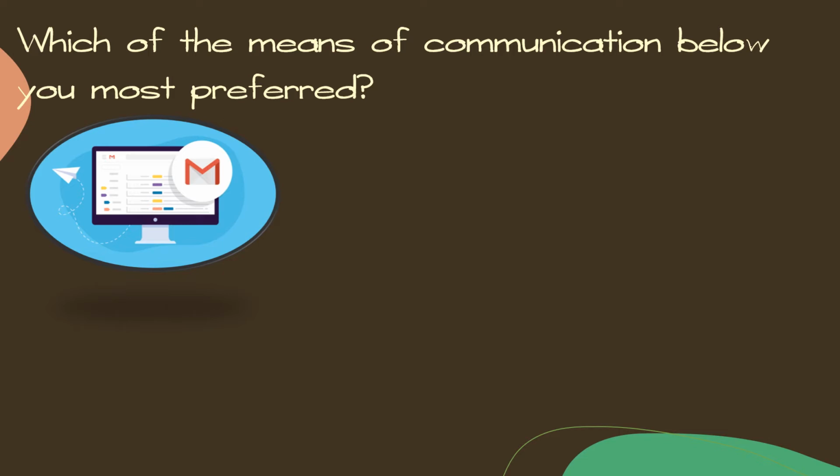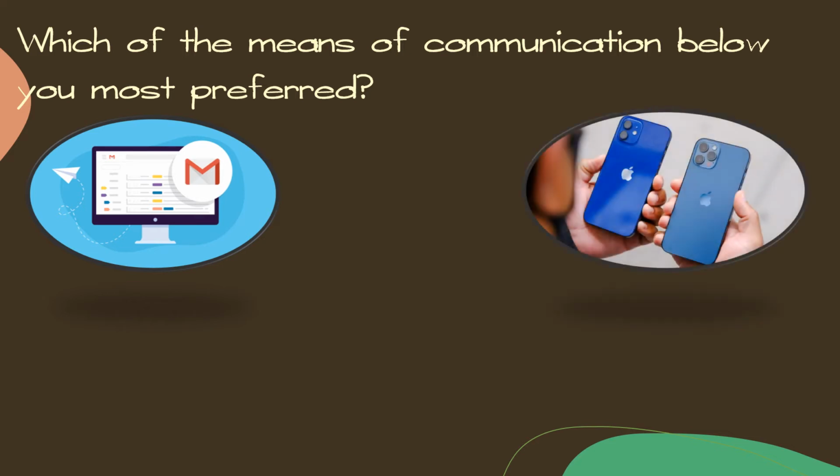Email is also known as electronic letters. Next one is phone calls. All you have to do is just press the number and then you can talk to the person at the other end already.